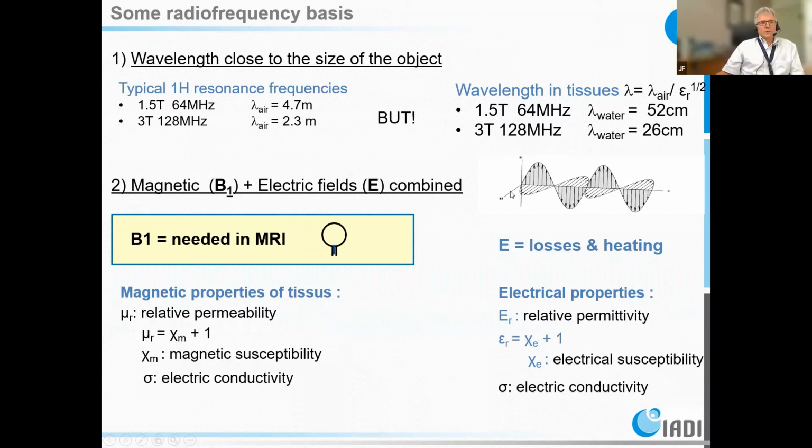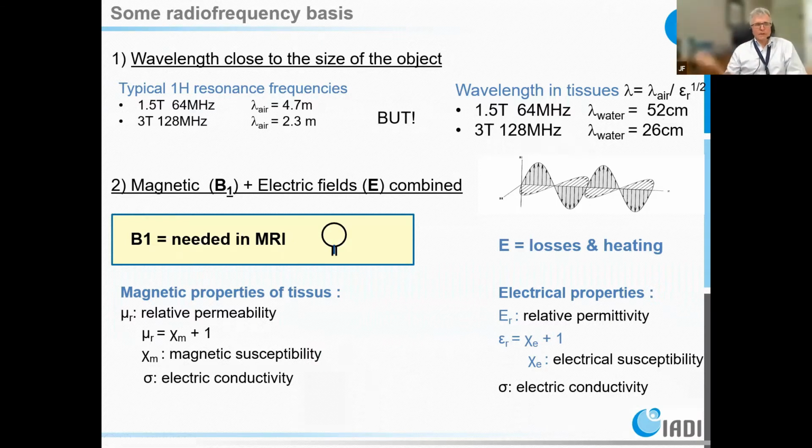So perhaps you remember, the waves going inside the body travel with the radio frequency, and the distance between these sinus peaks is the wavelength. Outside it is 4 meters, so an antenna of 4 meters is ideal, but inside the body, it's only 26 centimeters, for example.